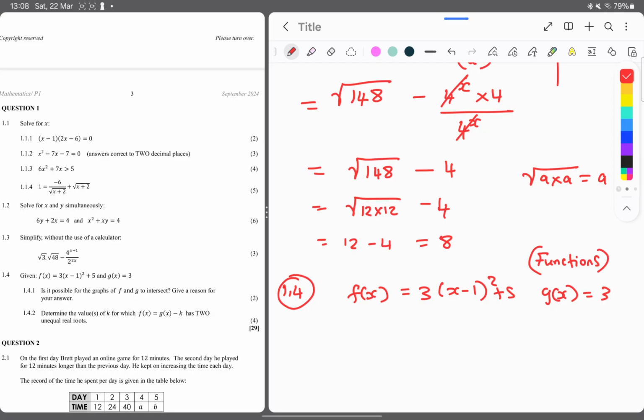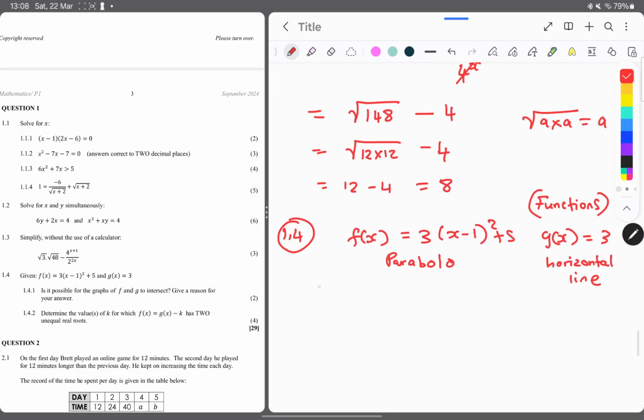What is happening? We have a parabola. We have a horizontal line. You will notice that the parabola has a turning point at (1; 5), which means the range is y greater than or equal to 5. Why is it greater than or equal to 5? Because a is greater than 0, so the graph is smiling.